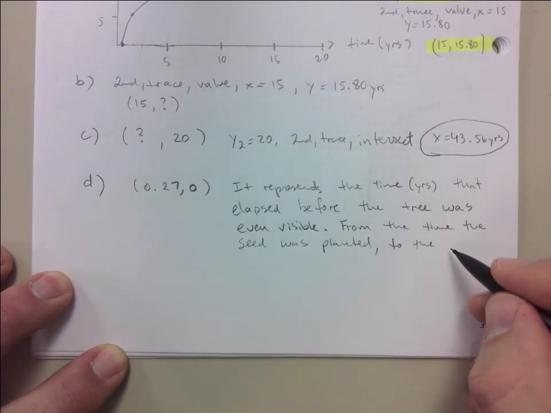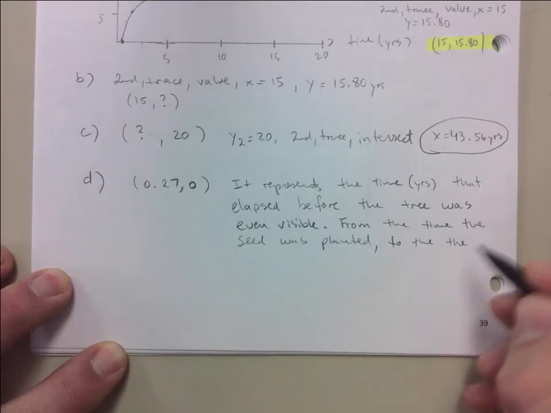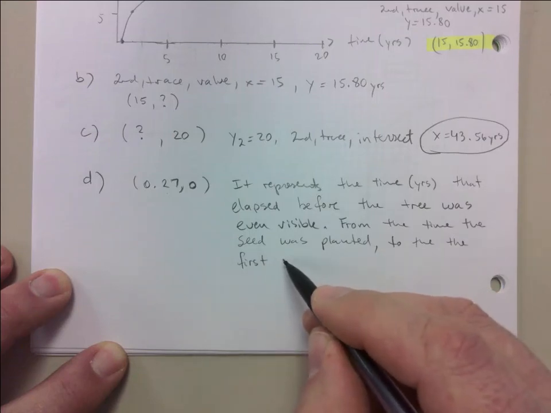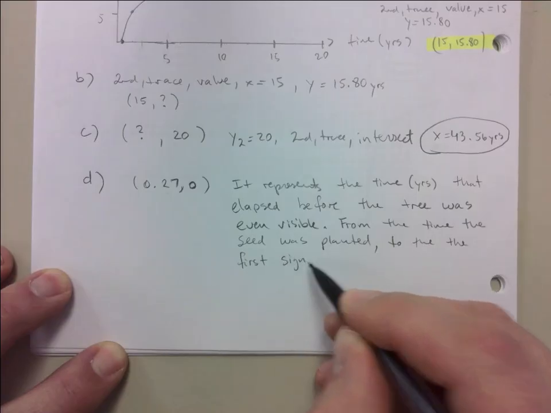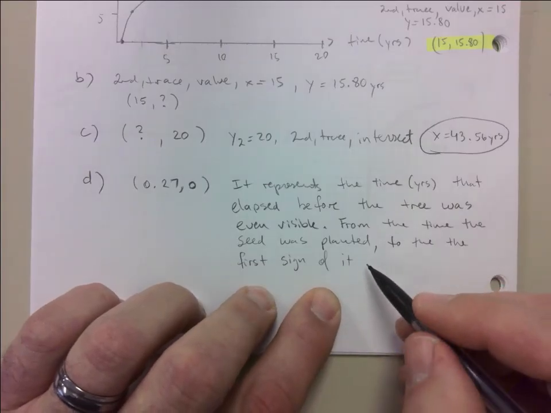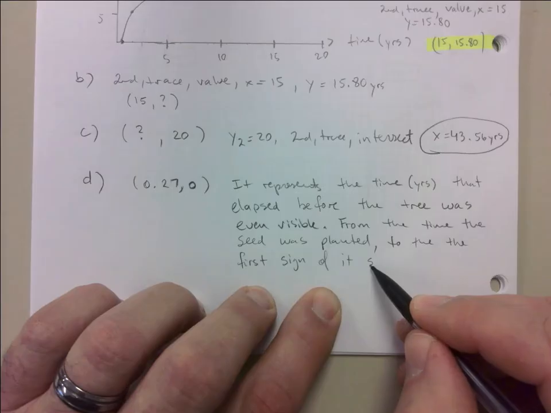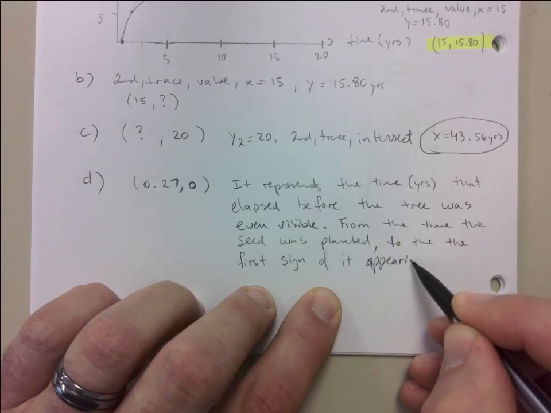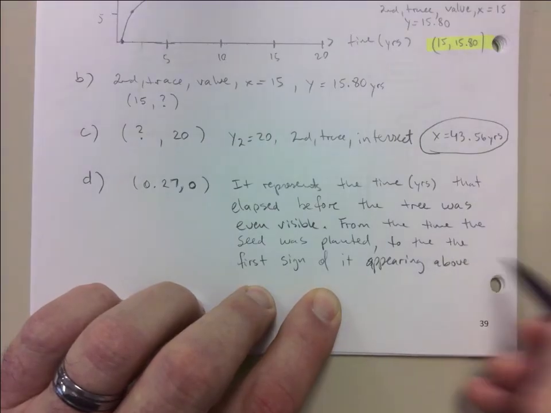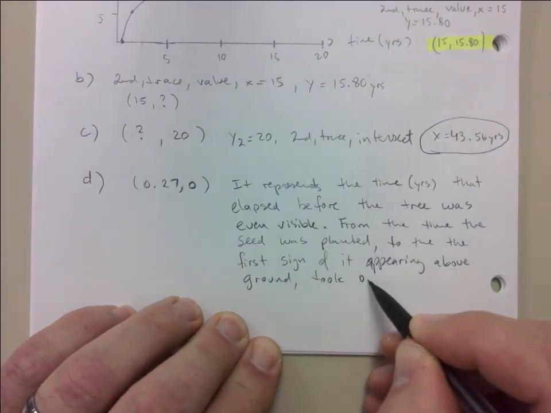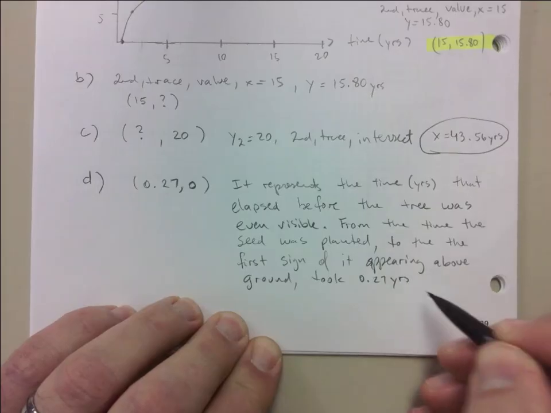From the time the seed was planted to the first sign of it coming up, appearing above ground, took 0.27 years.